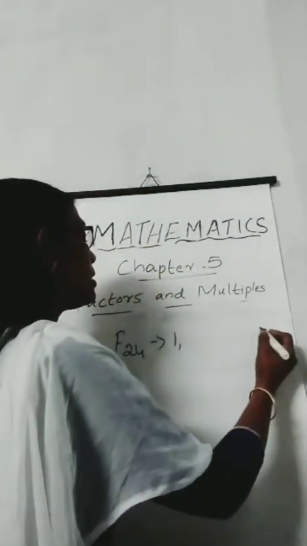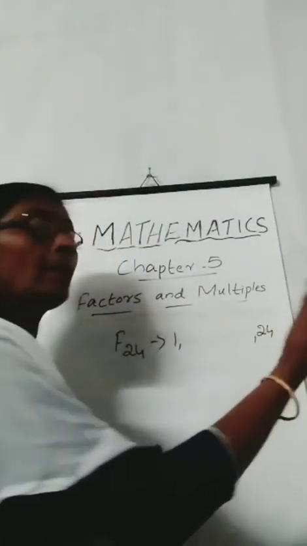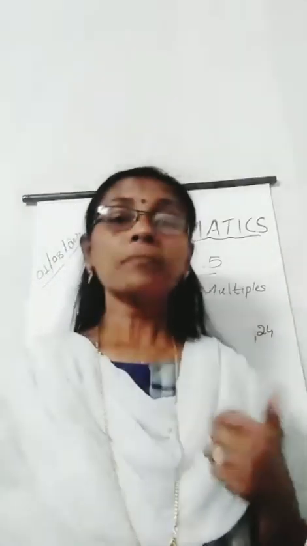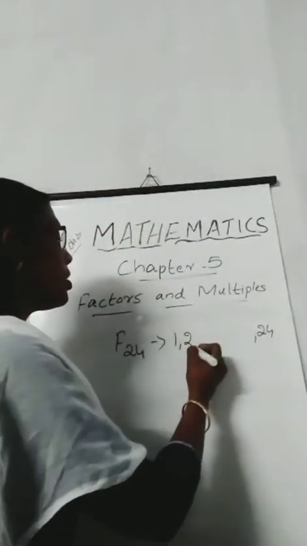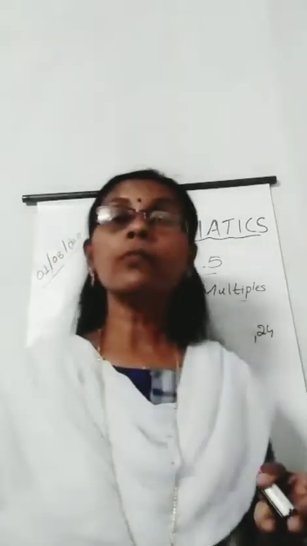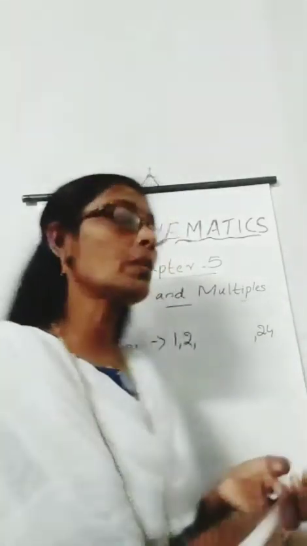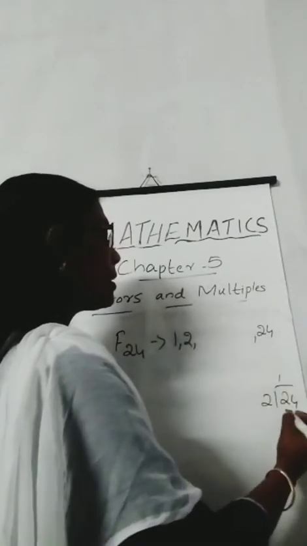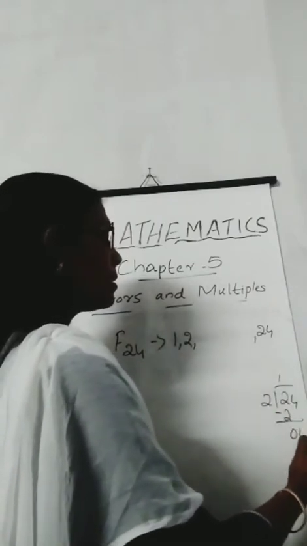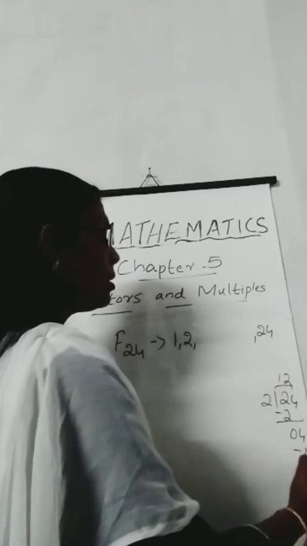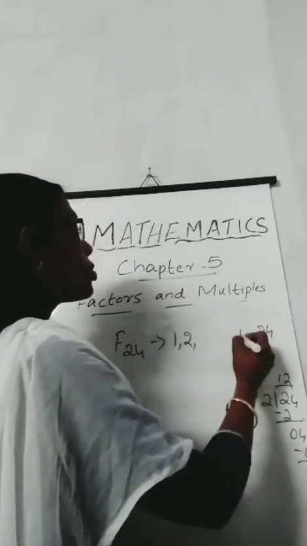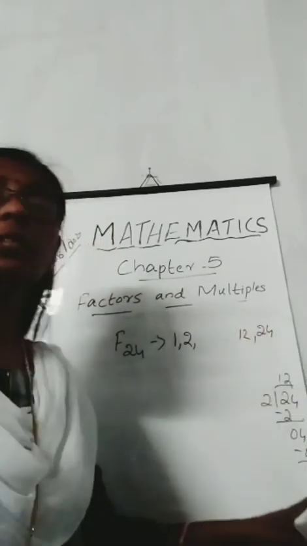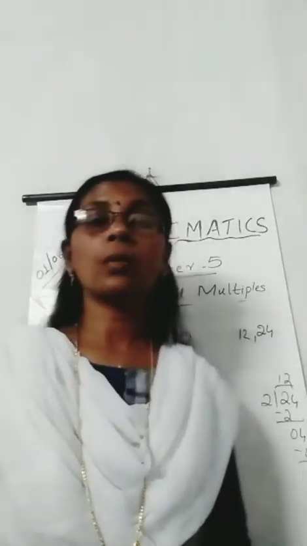So we'll write 1 here and 24 a little away. Then what about 2? 2 into which number gives you 24? If you don't know the table, you will divide 24 by 2 and find that 2 into 12 gives 24, since the remainder is 0.